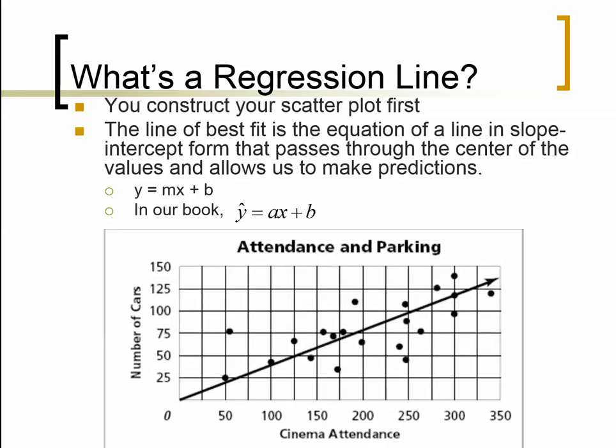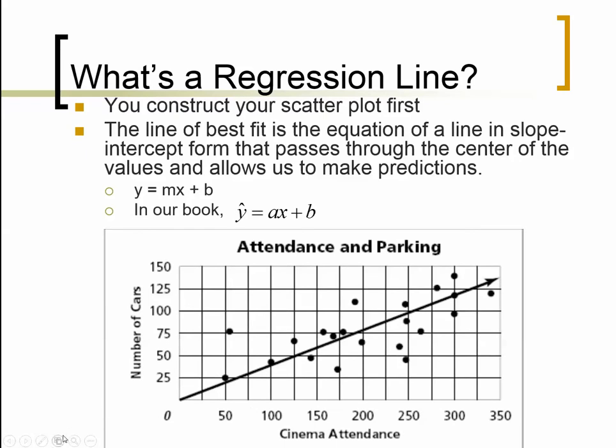Here's a graph showing a scatter plot, and we graphed a line of best fit, which allows us to make predictions for values that weren't in the original data set. This is showing attendance and parking, and so I can see, for instance, that for this particular point on the graph, between 100 and 150, so at 125, how many cars did I have?